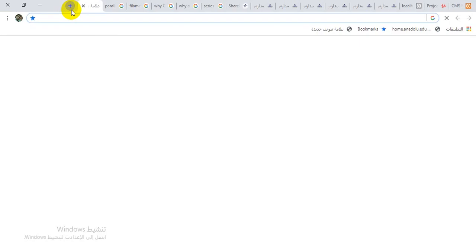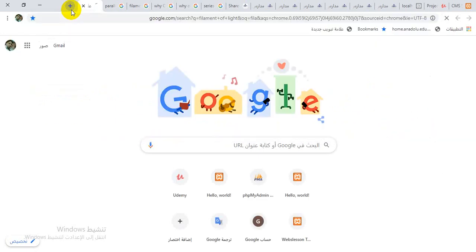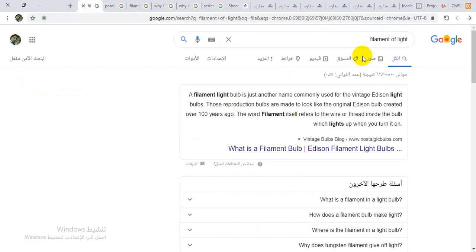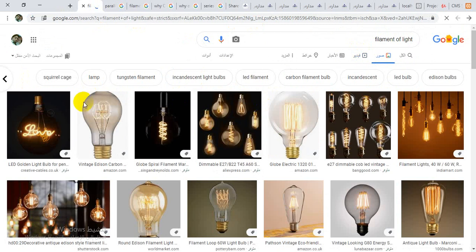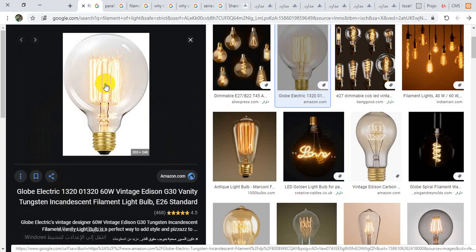This is the element of light. This is the filament, the lighting wire.